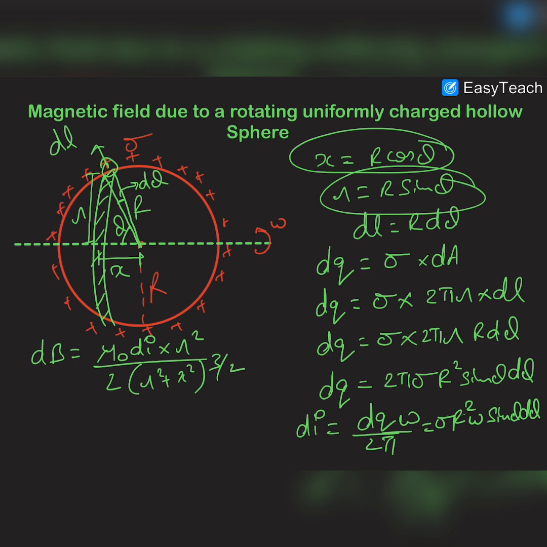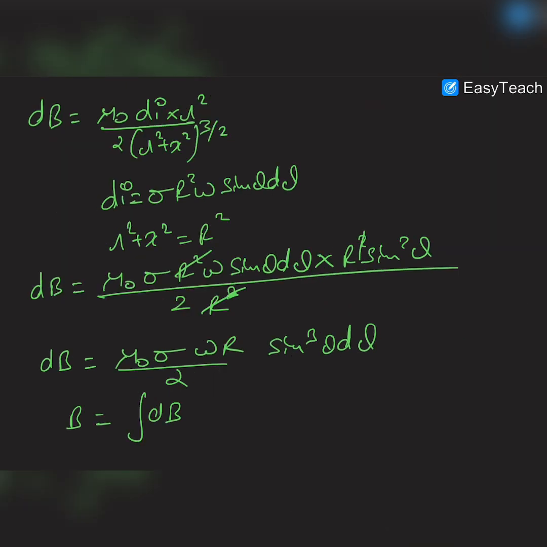Okay, and till this point theta will be equal to pi by 2, obviously, and if we go further on, at this point theta will be equal to pi. So the limit will be from 0 to pi. So it would be mu naught sigma omega R by 2 sine cube theta d theta, limit from 0 to pi.